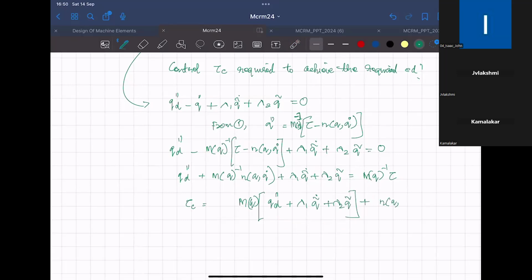This will be the control input, tau c. That's all. This would be the correct answer.